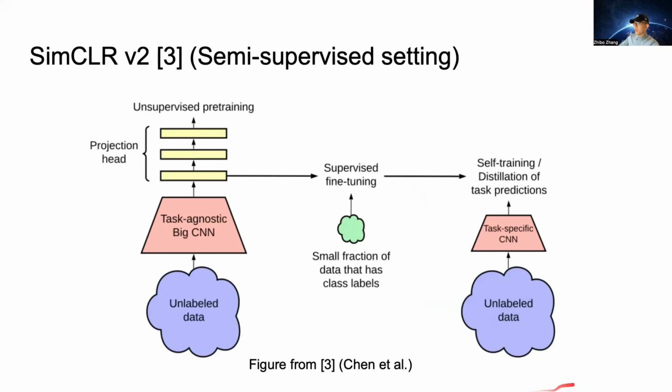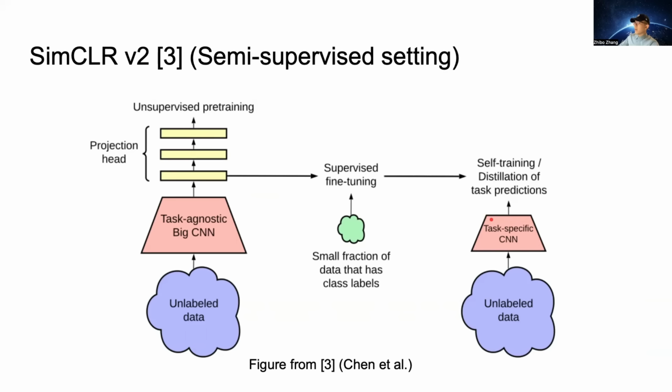At the third stage, which is the downstream task stage, there will be some task-related data and some tasks to be finished, and they utilize something very interesting called distillation. What distillation does in this case is that there is a teacher network, which is the pre-trained big convolutional neural network, and there's a student network, which is a task-specific network that is going to be adopted to make predictions on the task data.